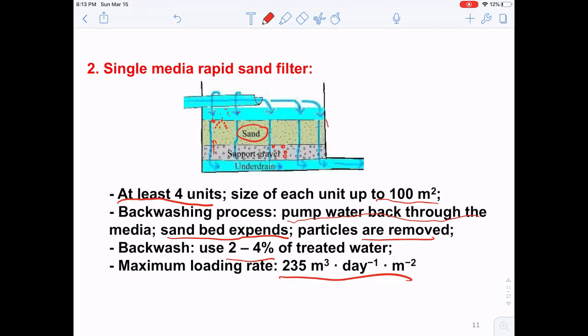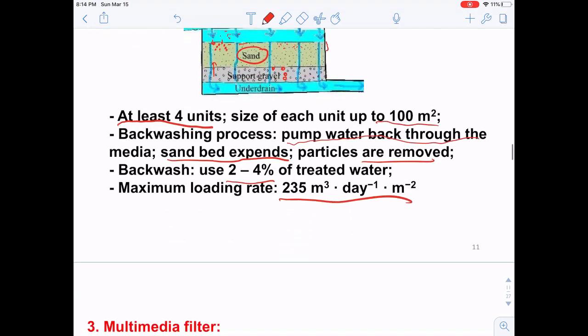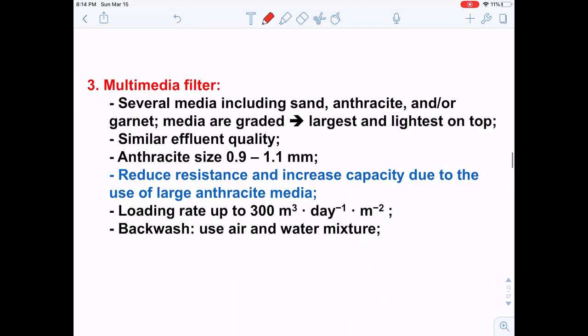This will cause the upper layer of the sand to be really packed with particles, because there's no differentiation between the particles in terms of size. No matter whether they are large or small, they will all get deposited in this first layer, or the top layer of the sand.